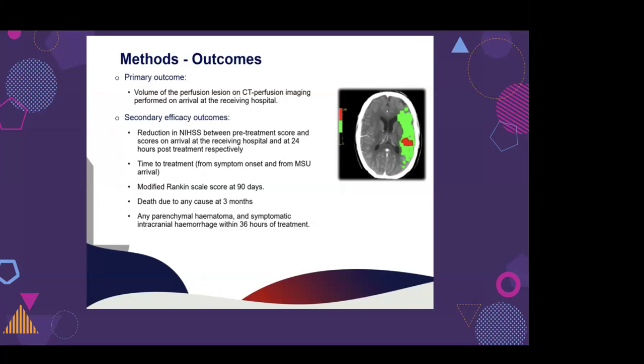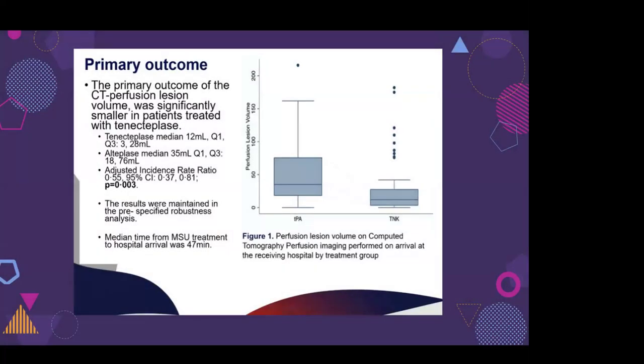The primary outcome was to measure the volume of perfusion lesion on CT perfusion, and the secondary outcome was reduction in NIH stroke scale, pre-treatment and post-treatment. Then other aspects like mRS at 90 days, mortality and any ICH. The primary outcome, the CT perfusion lesion, was significantly smaller in patients treated with tenecteplase.